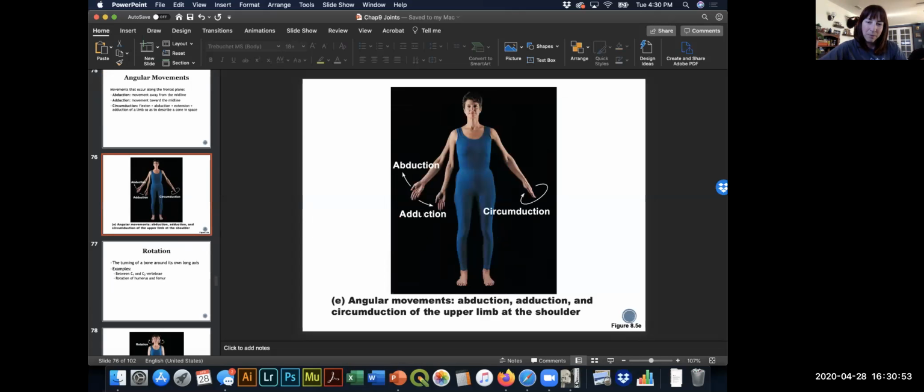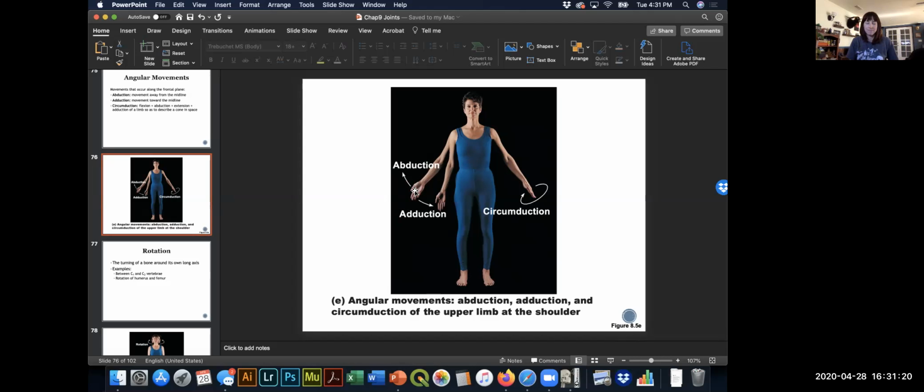And we talked about circumduction, right? Making a cone in the air, or drawing a circle in the air, I guess would be more accurate, drawing a circle with your limbs. Also with your limbs, abduction and adduction, right? So you get abducted by aliens, so you abduct your arms away from your body, away from the midline, and you adduct, or add them back to the midline.